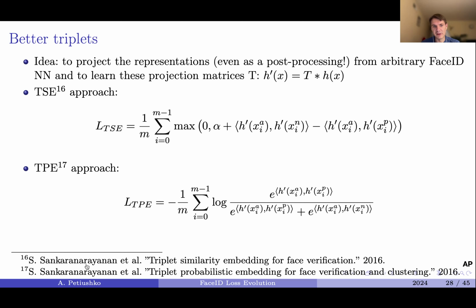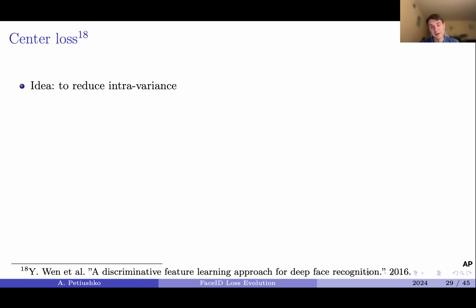Both these two papers have been written by the same set of authors in 2016. They are very simple and beautiful ideas. Just in practice, they're quite unstable to train. Unfortunately, that was my personal evaluation of these papers. But sometimes they help.